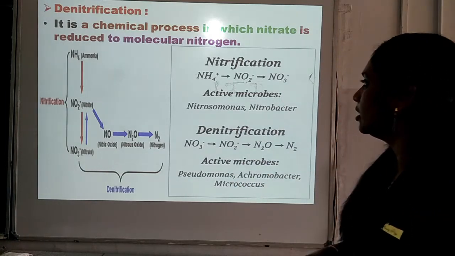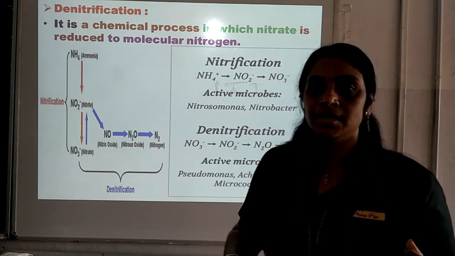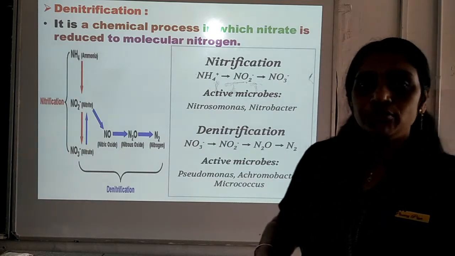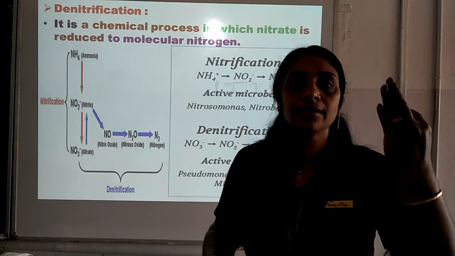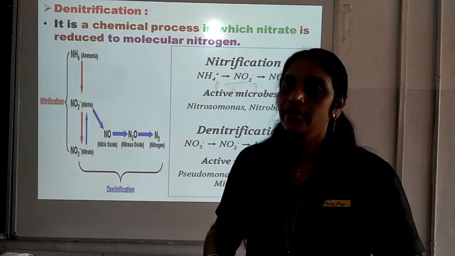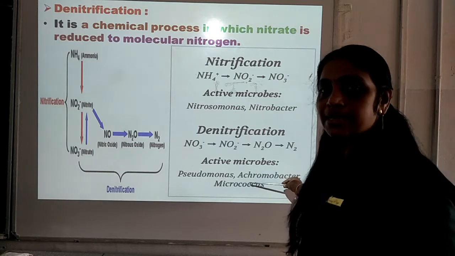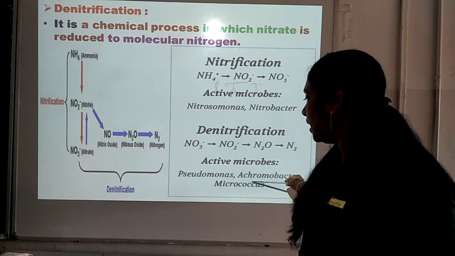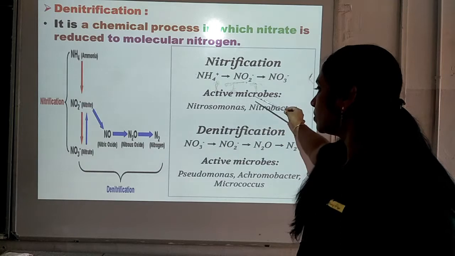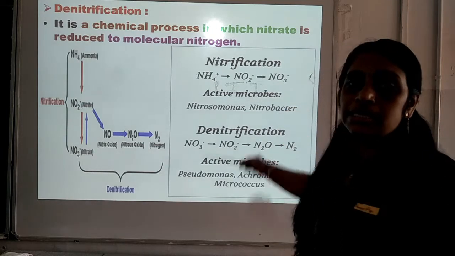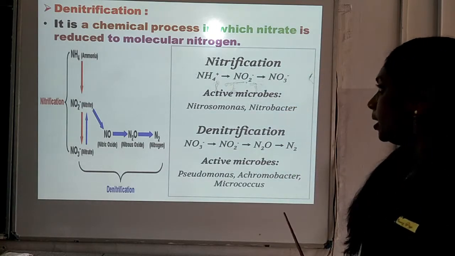I think you would have understood the three methods: ammonification, nitrification and denitrification. This is very important, my dear children. You have to understand, study and learn about the active microbes which are participating in these processes.